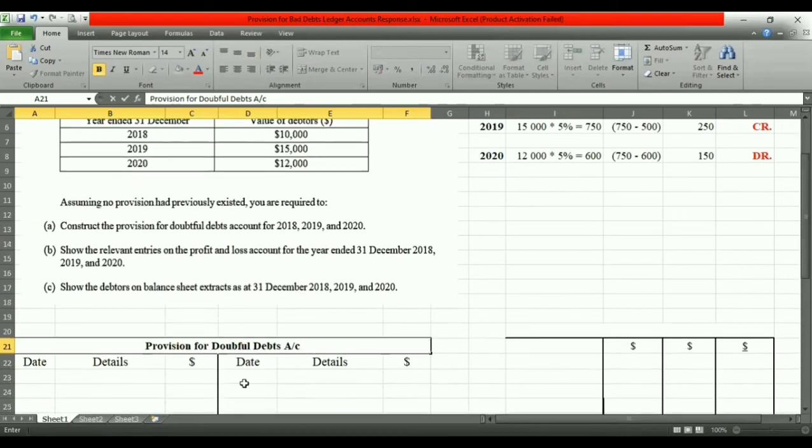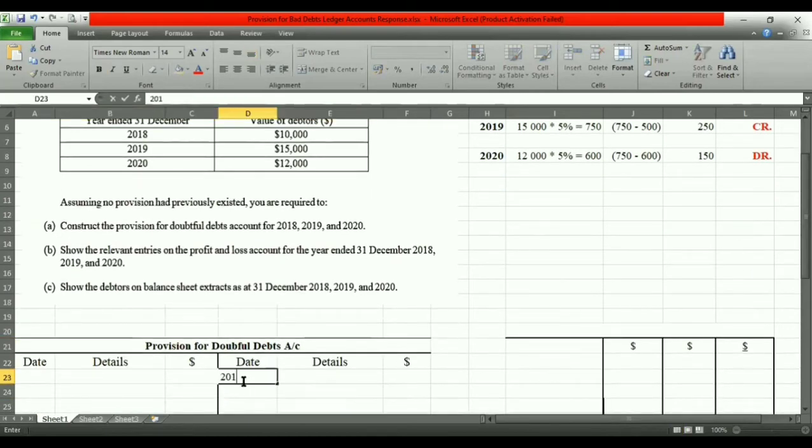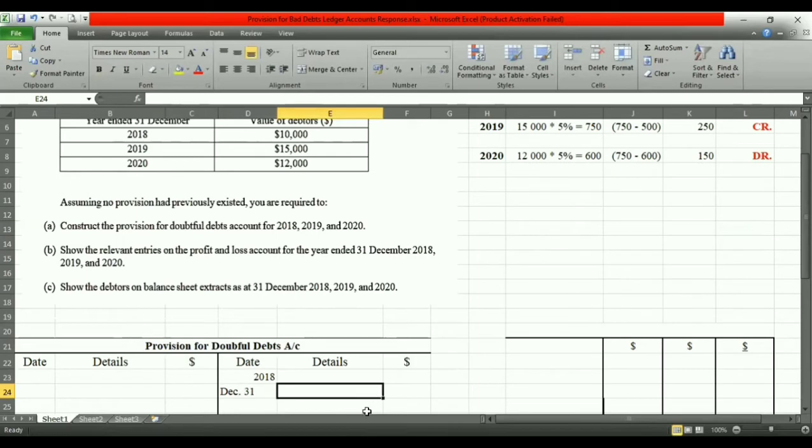And we're showing that for 2018, at the end of the period, that is when we're recording it, December 31st. And our other item affected is profit and loss. And the amount that we have calculated is 500. So our profit and loss account is credited with $500.